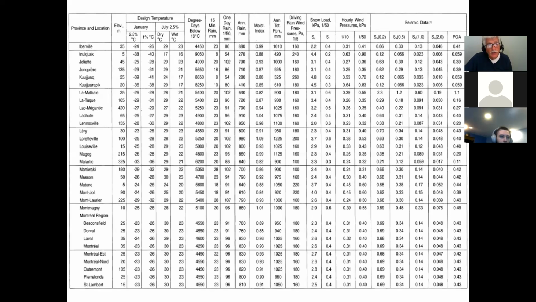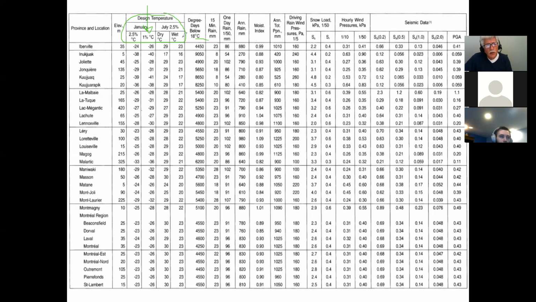I never bothered doing that. Okay, and then if you want to know how hot it gets in Canada, this could tell you. Now, this information that you see here, civil engineers aren't interested in this, because this is mostly for architects when they have to design their building envelopes, and for mechanical engineers when they have to design the heating system or the air conditioning system.